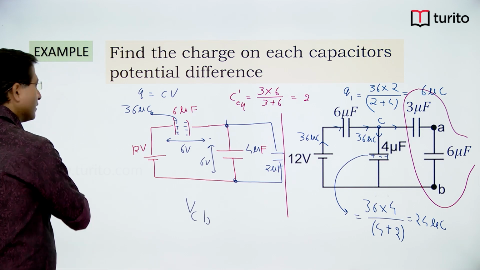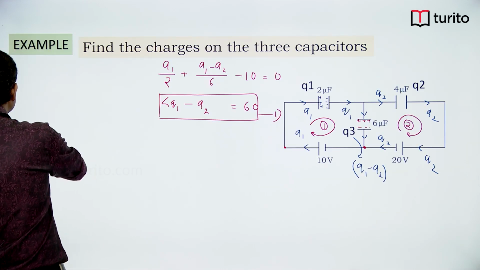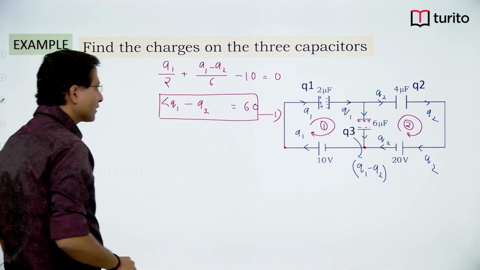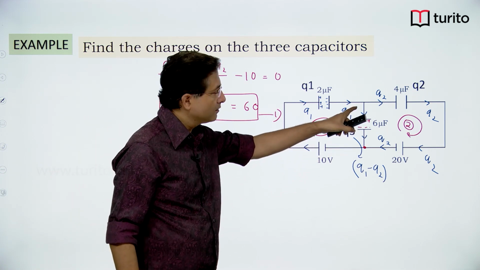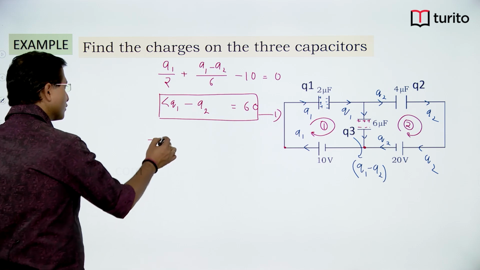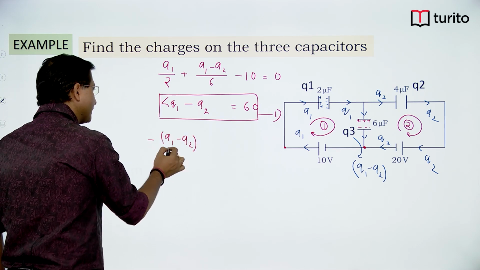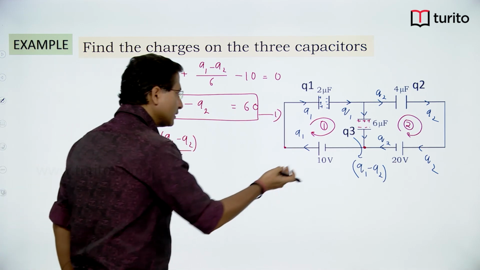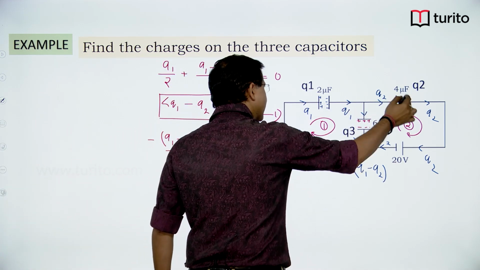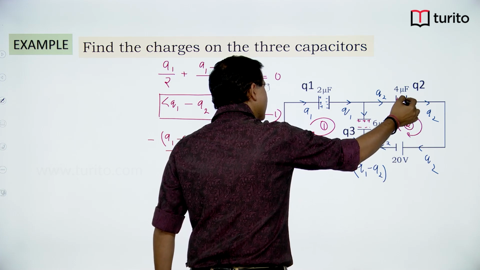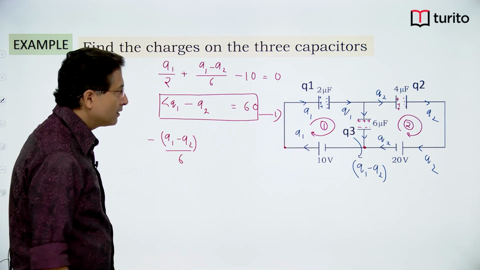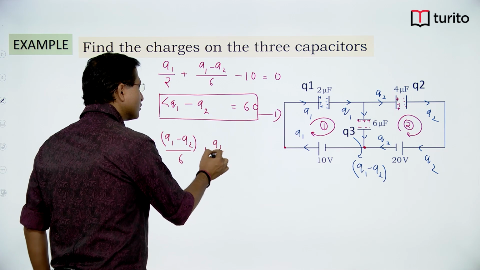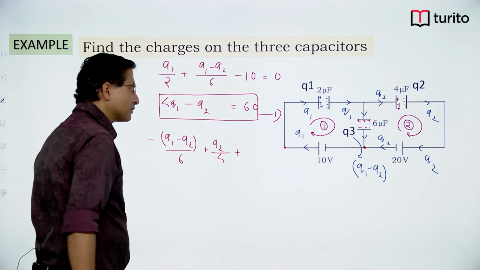So, I will write minus, increment, right. So, minus q1 minus q2 divided by 6, this increment with negative sign. Then as charge is flowing this way, this will be positive and this will be negative. You are moving from higher potential to lower potential, a decrement, that is plus q2 divided by 4.